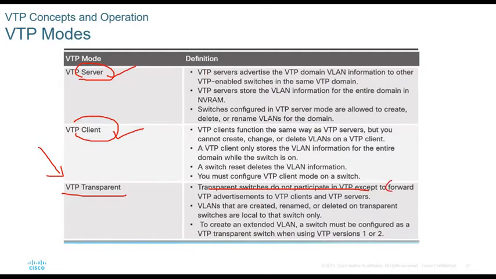So whenever an advertisement passes through this transparent switch, it does not save any VTP information. Instead, it just passes it on to other VTP clients and other VTP servers on the network. Hopefully we got the concept and operation of the different VTP modes.